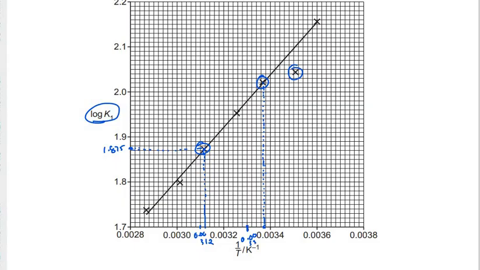This is 0.0033, 332, 334, 335, and this is 336. Okay, fine, 332, 334, 336, and okay, 337 it is. So it is 0.00337. I would write it as 0.00337.